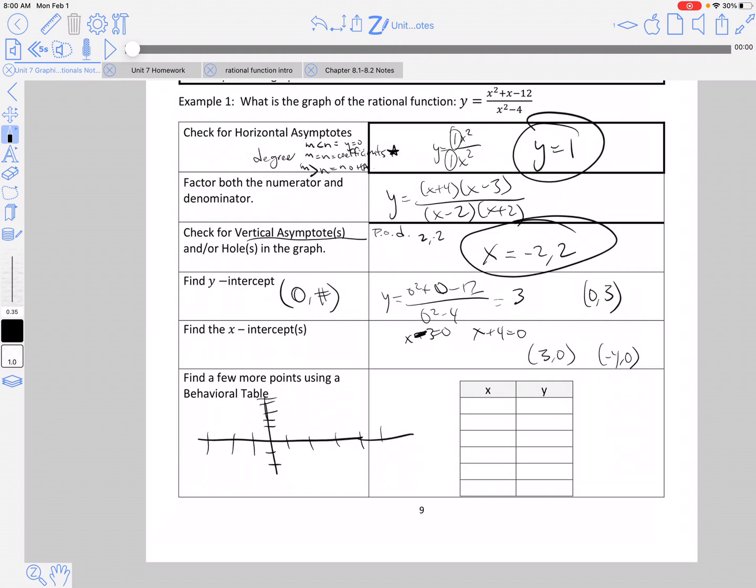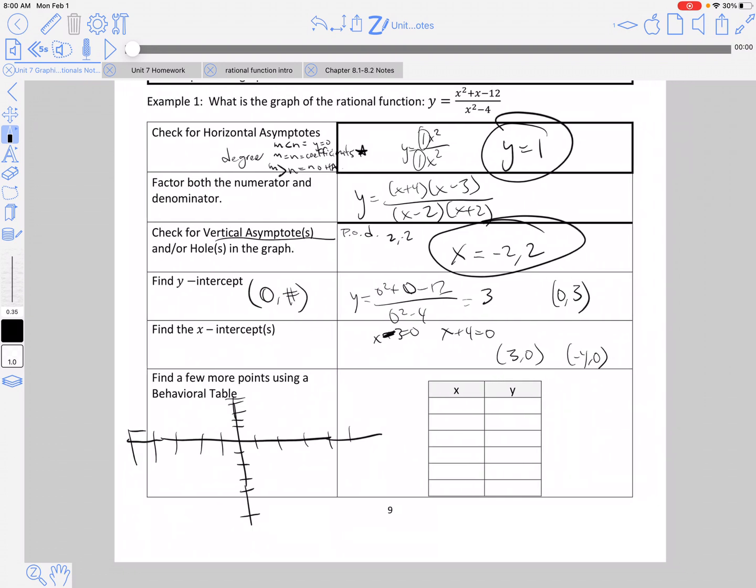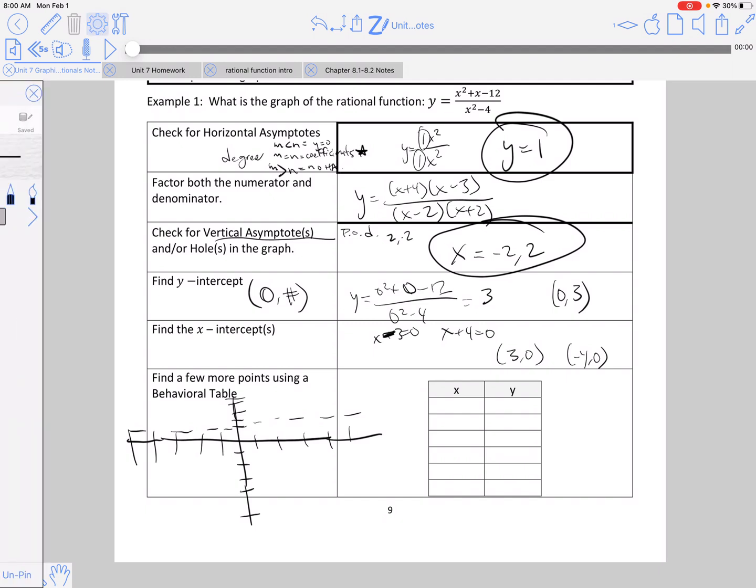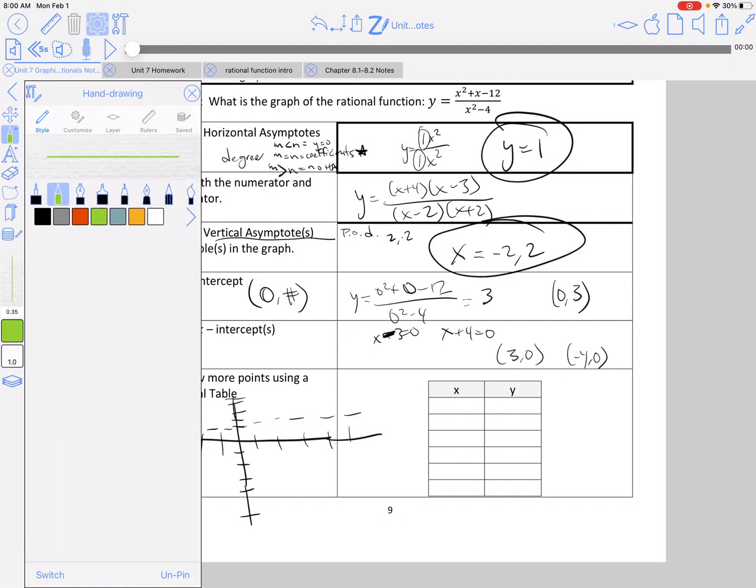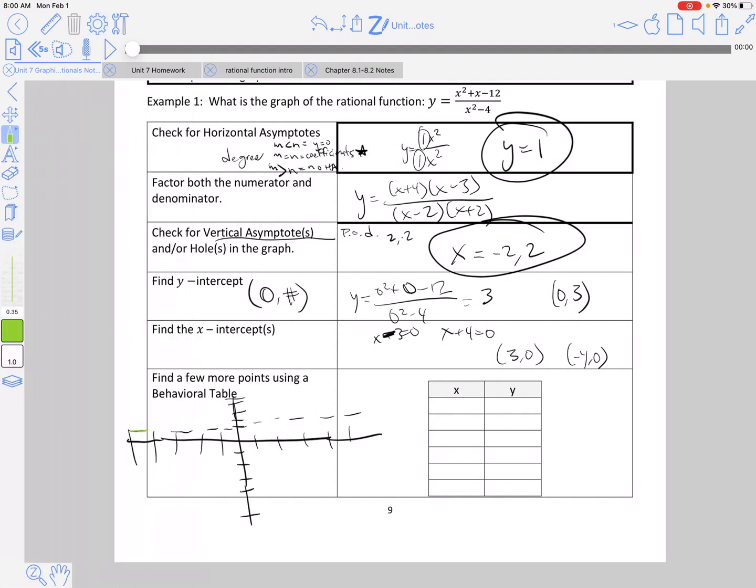Now we're going to plot our asymptotes. Let me do this in a different color real quick. I'm going to do my asymptotes in green. And then I have one at 2 and negative 2. That's supposed to go through 2, so pretend that it does.